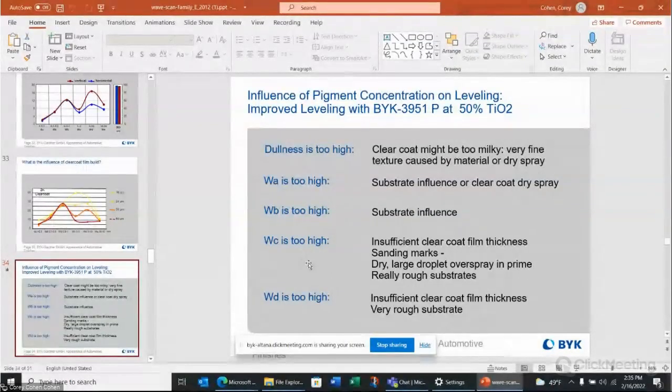Whereas if you're getting too much long wave, the WC, WD, WE, that has to do more with the top coat or with the clear coat. With the exception of dullness, that could be the clear coat as well. And yes, that could be directly related to the bell, or whether the spray might be too dry or things like that.